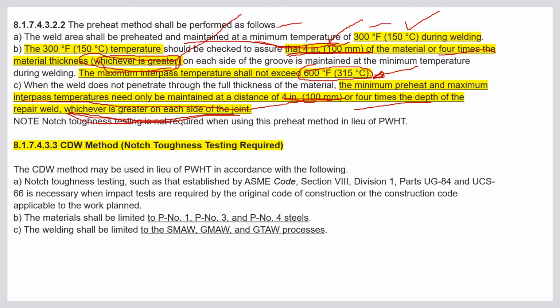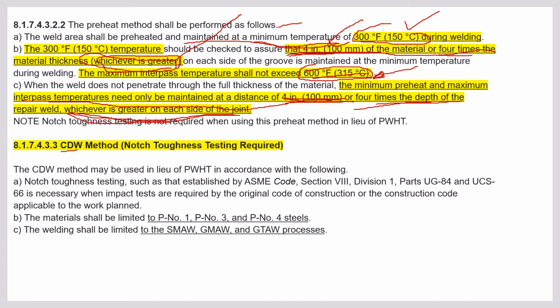Preheat minimum temperature should be 150 degrees centigrade, and this temperature should be checked for at least 4 inch of the material or 4 times the metal thickness, whichever is greater. The maximum interpass temperature shall not exceed 600 degrees Fahrenheit, and the minimum preheat and maximum interpass temperature need only be maintained at a distance of 4 inch or 4 times the depth of the repair weld, whichever is greater, okay.